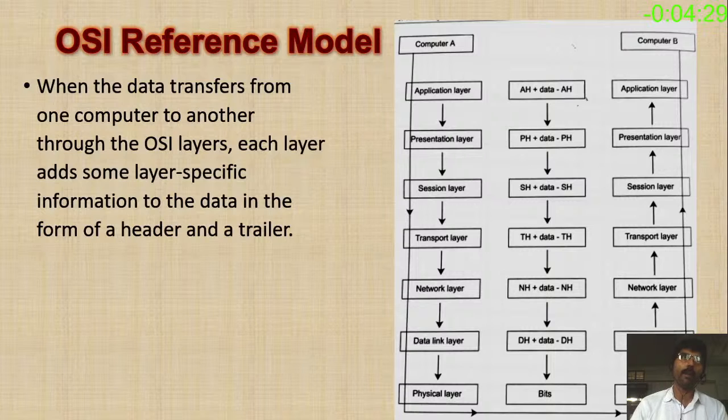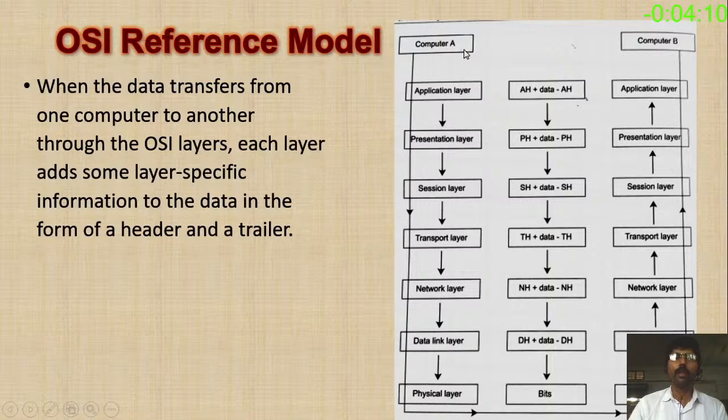Here a number of layers are used, each one working on its own task. In a similar way, when you are sending some information in a communication medium, we are also using the layer technique.